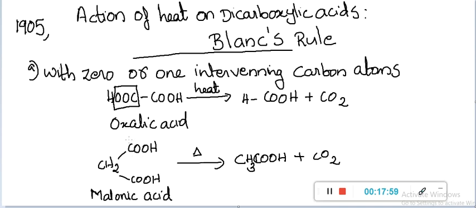What will be the structure of the monocarboxylic acid? CO2 group gets eliminated and it will convert into CH3COOH. That is our acetic acid. That is the first case, dicarboxylic acids containing 0 or 1 intervening carbon atoms converted into monocarboxylic acids.